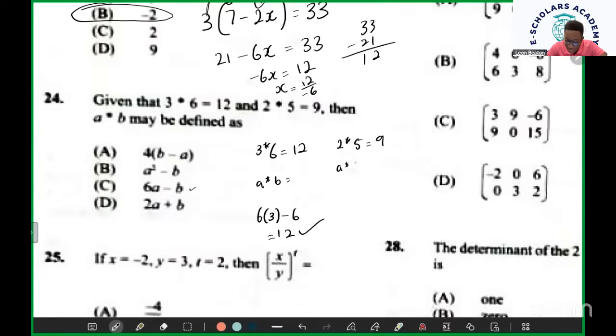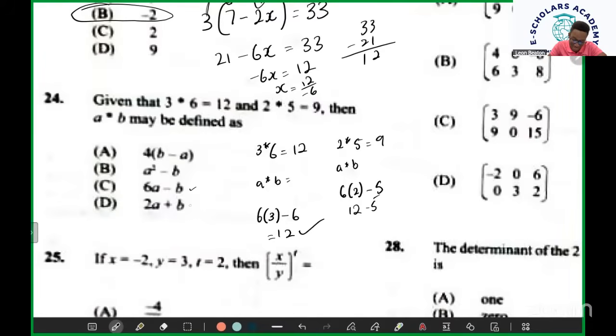A would be 2, B is 5. So 6 times 2 minus 5. Let's see if that will give us 9. 6 times 2 is 12. 12 subtract 5. Nah, that didn't give us 9. So that can't work.